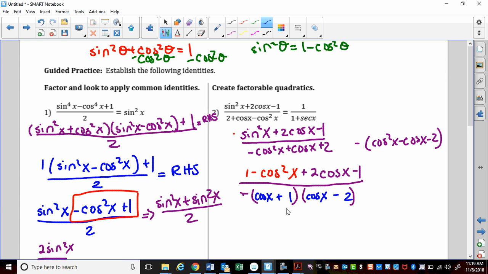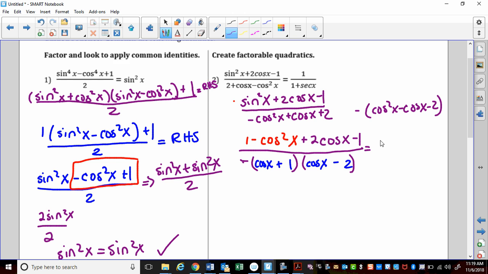Okay, now I see something that could maybe cancel. So let's rewrite the numerator. I'm just going to bring it down actually. I'm going to rewrite the numerator, which is 1 minus 1 is 0. And I have a negative cosine squared plus 2 cosine of x.